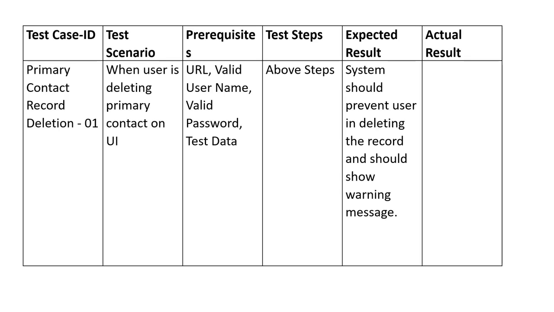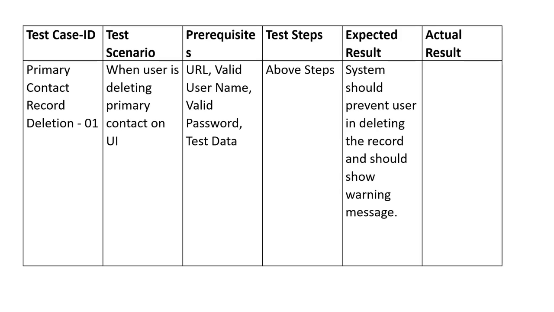It starts with the test case ID, the identifier through which you identify the test case. You follow the naming convention of the company you are working for. Normally the test case ID represents a short, crisp summary of what you are trying to do in that test case.